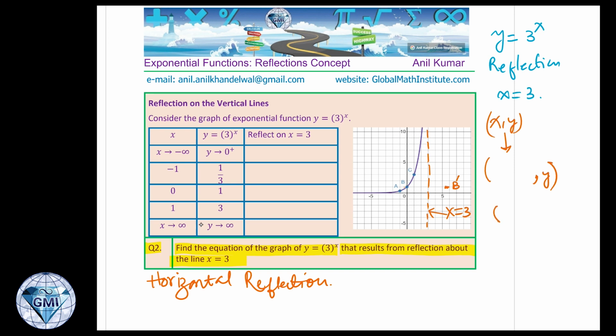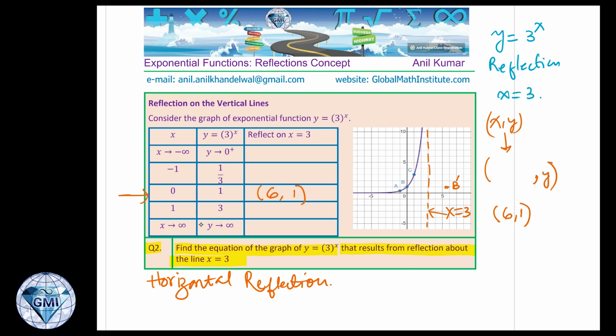Instead of this being at 0, it will be at 6, and the value will be 1. So point B, which was the y-intercept, now moves to the right side. After reflection, it will be 6 units away, right? Because it is twice the distance away.